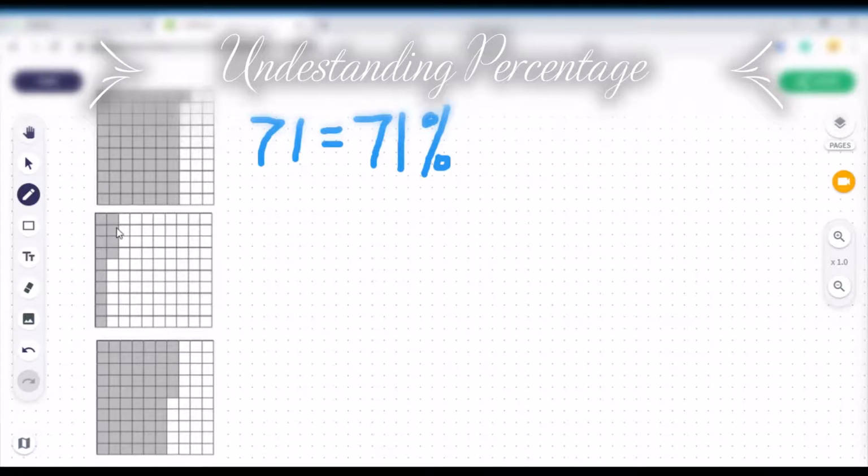So 11, 12, 13, 14. That means there are 14 shaded squares. Therefore, the percentage of the shaded squares is equal to 14%.